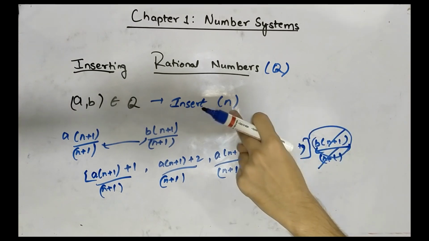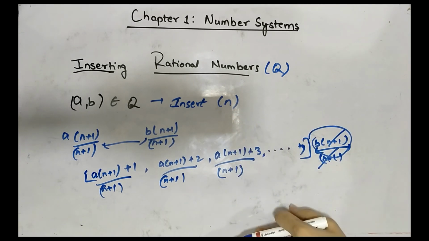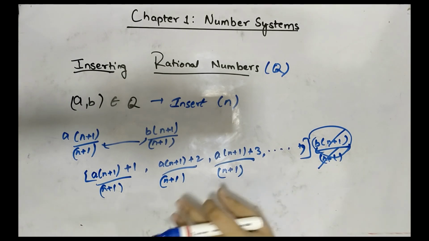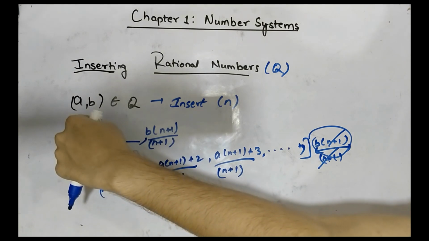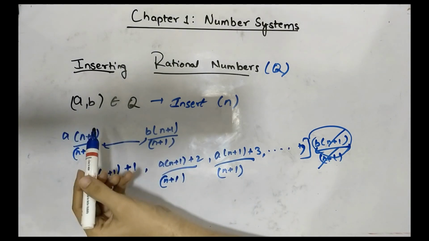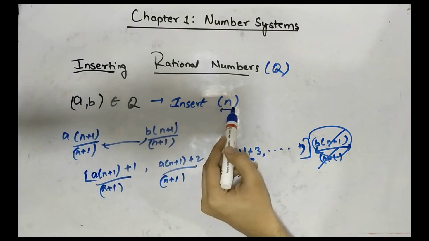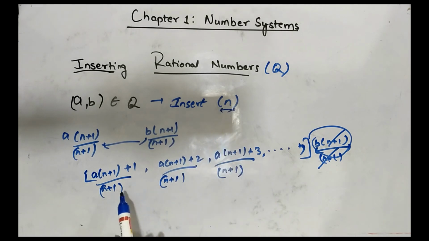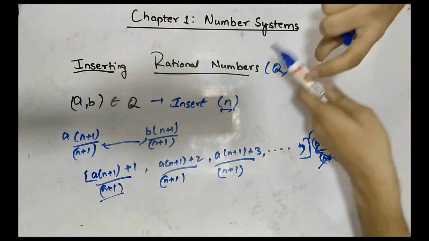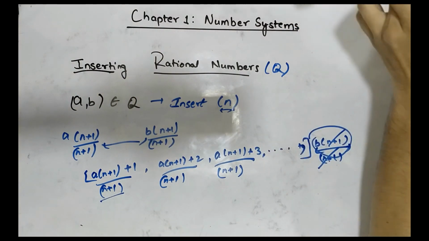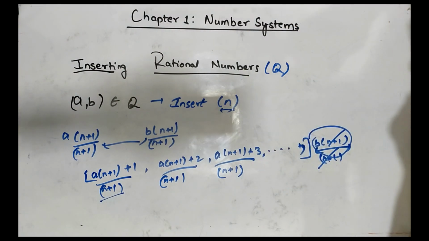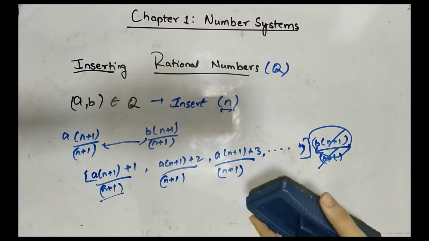Now, by this also we can prove that last property that we talked about, that there are infinite rational numbers that exist between any two given rational numbers. Okay, because this n can be any number. You just simply do n plus 1 and you can start dividing, and you will find that many rational numbers. So it is infinite rational numbers that exist between any two given rational numbers.